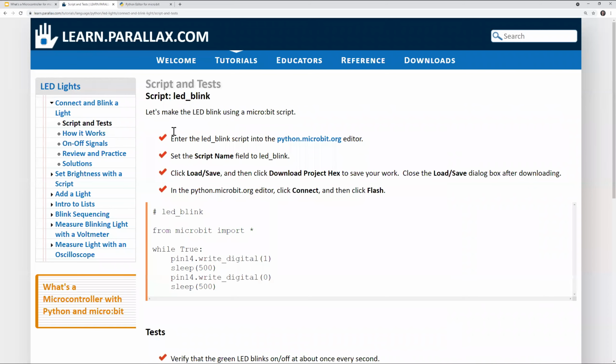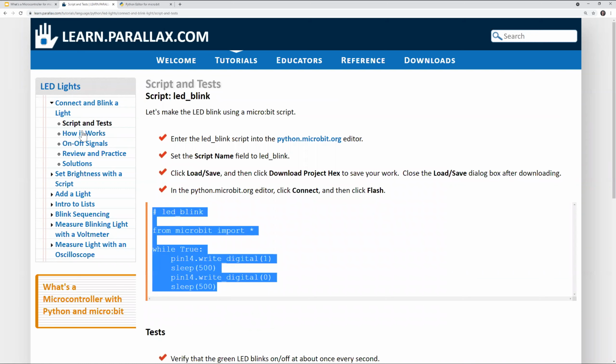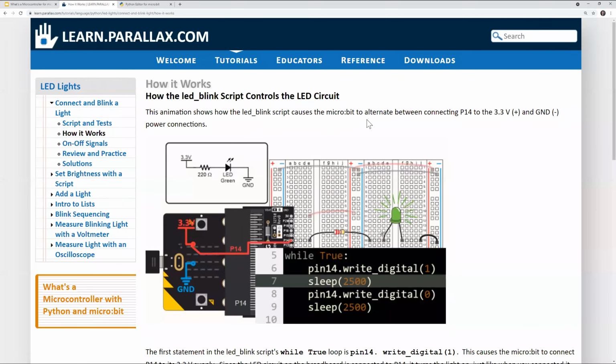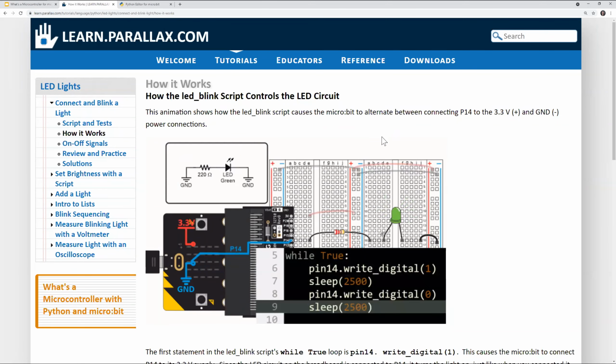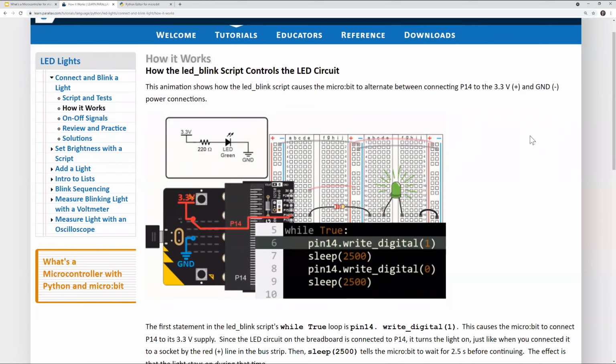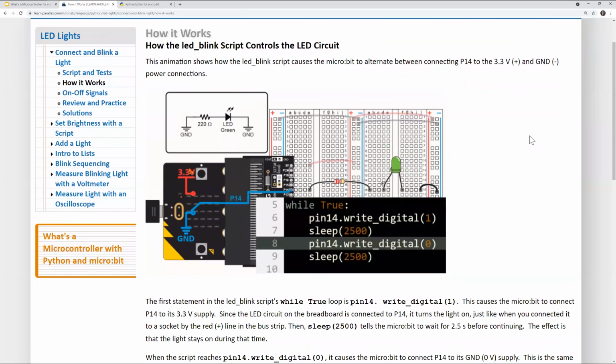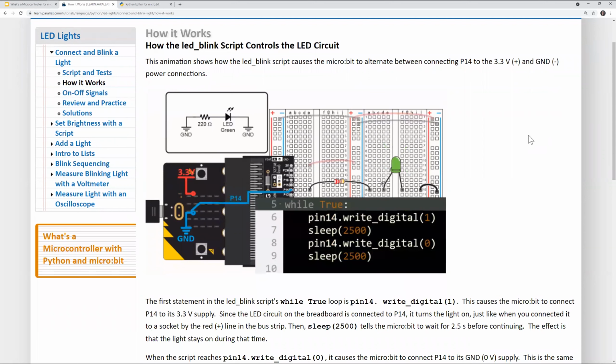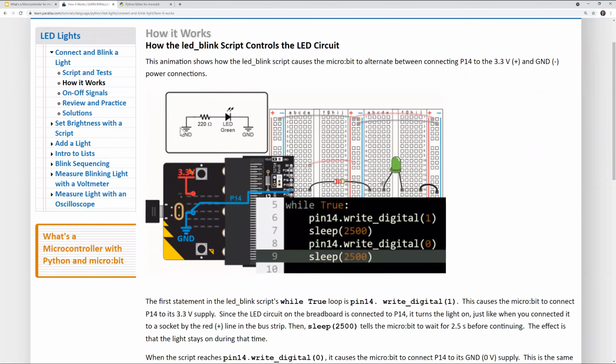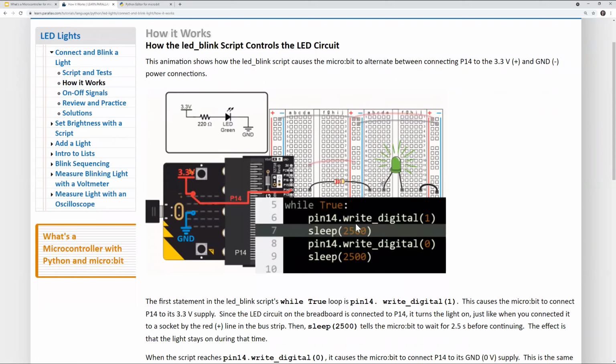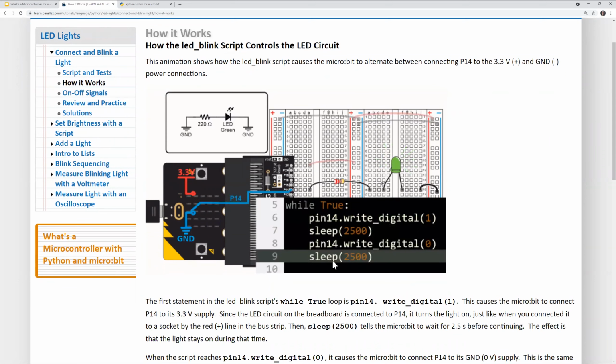Okay, so we started at a page where you could just copy and paste the code. Now, the next page talks about how it works and then challenges the students to extend something from that. So here we have a lot going on. It basically shows, first of all, take a look at the code.